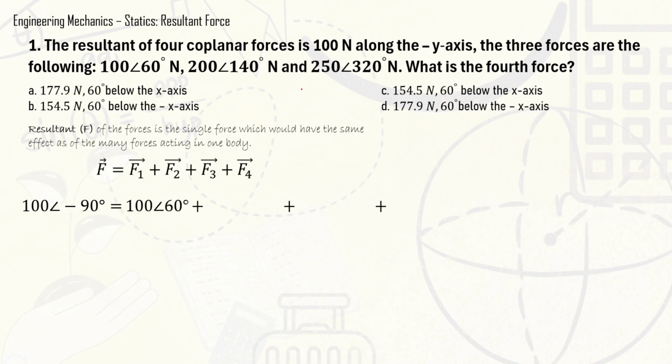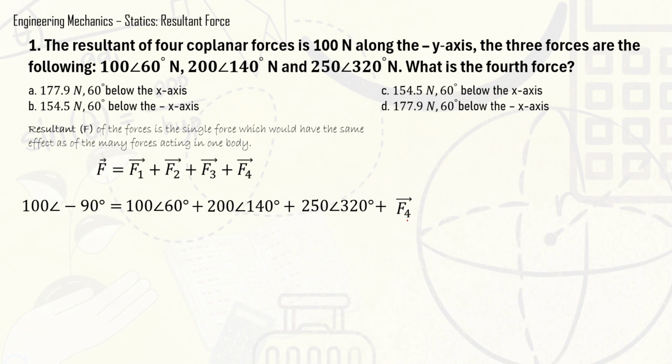Let's continue. We have 100 angle 60 degrees, 200 angle 140 degrees, 250 angle 320 degrees, and our unknown, which is F4. That's the fourth force. We can now actually solve this by inputting it directly on our calculator and use shift solve para makuha si fourth force.